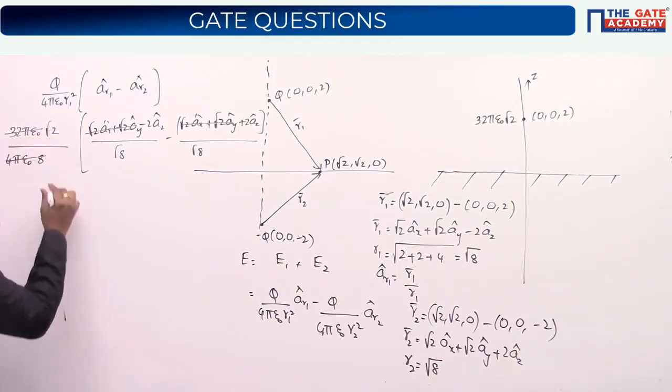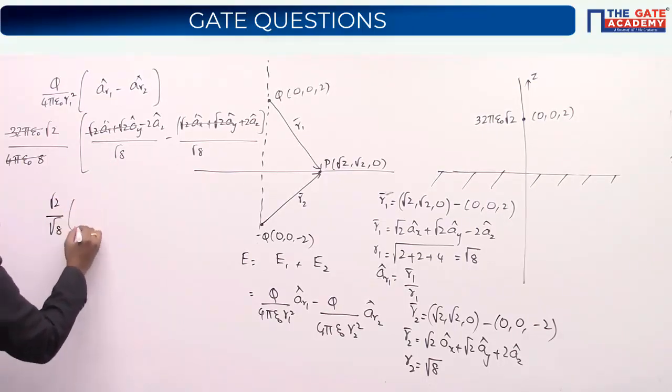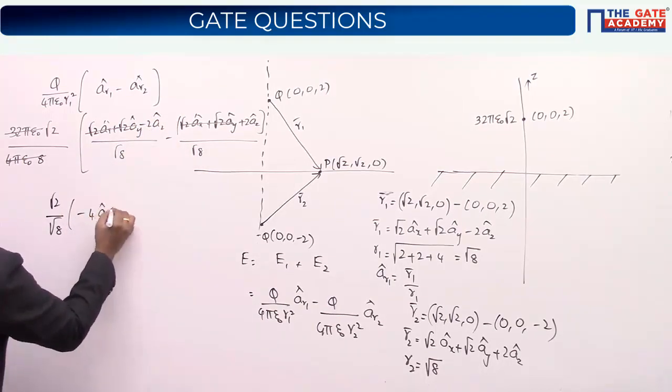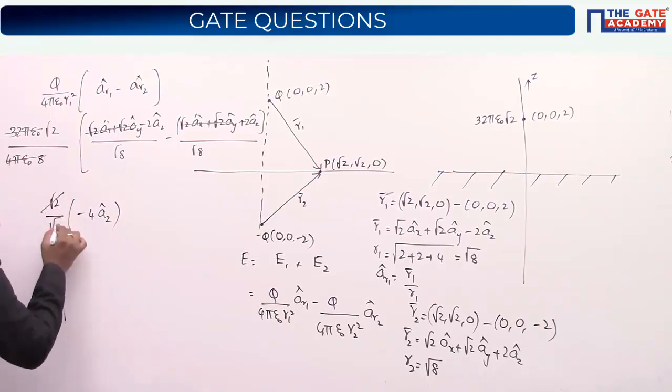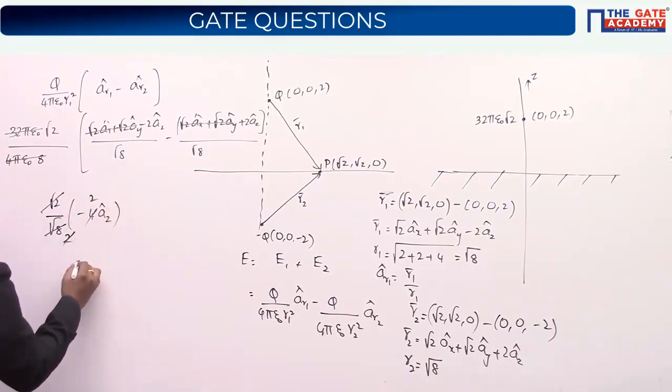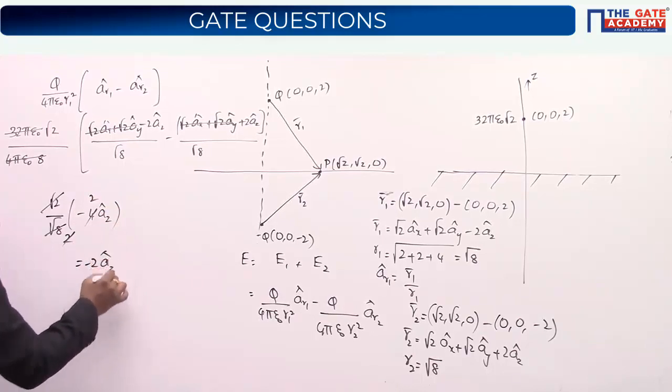You will only have a root 2 here. In the denominator you have root 8, and here it is going to be minus 4az. So this becomes under root of 4, which is nothing but 2 itself. So this would be minus 2az.